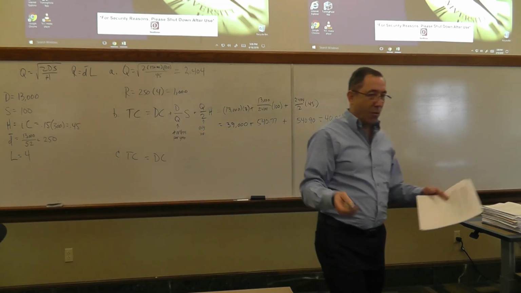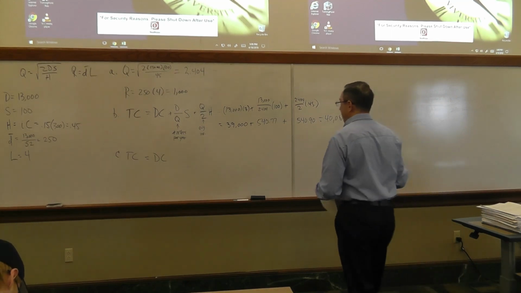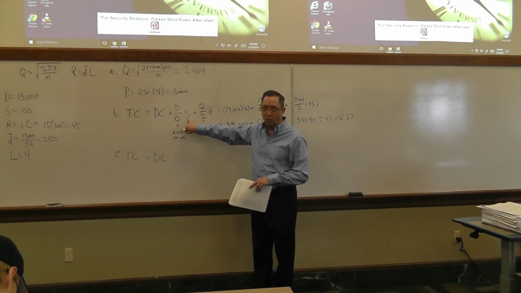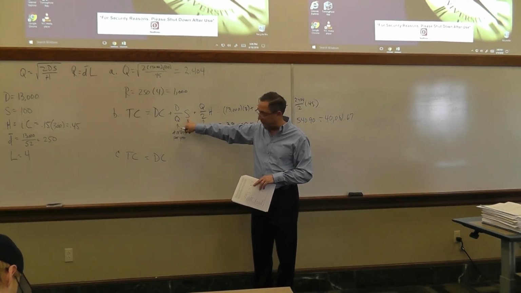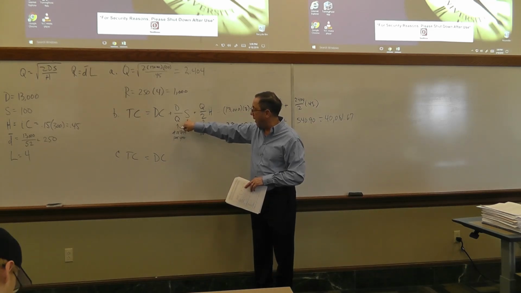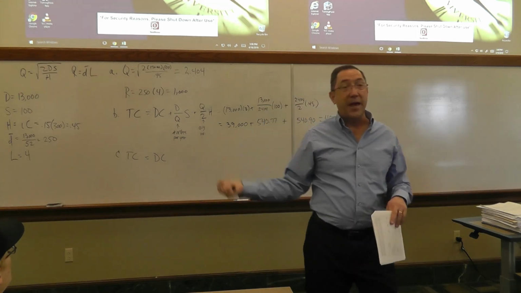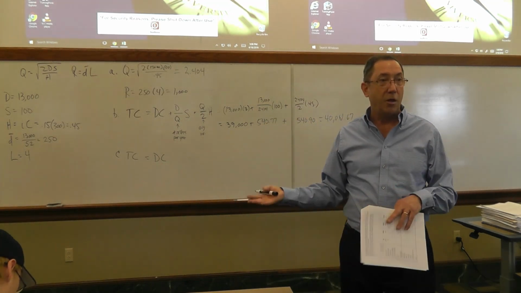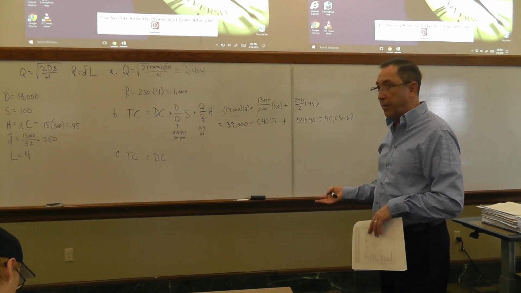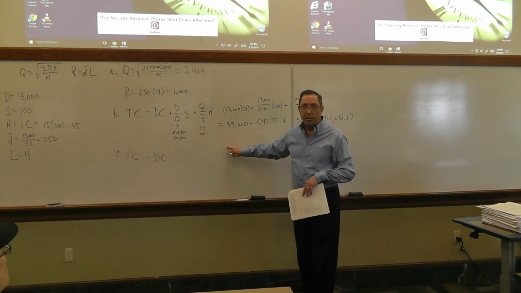The discount per order could be handled two different ways. Here we have a cost per order, S. And what we could do is subtract that discount per order off of S, because you're reducing the cost per order. You could do it that way, or you could add a fourth term.